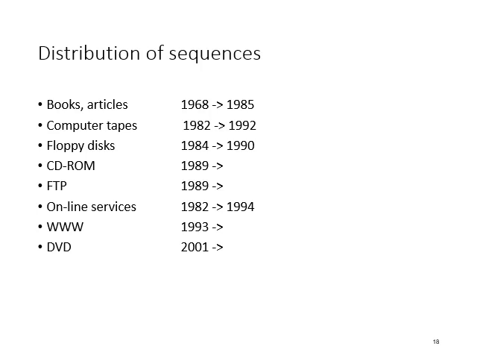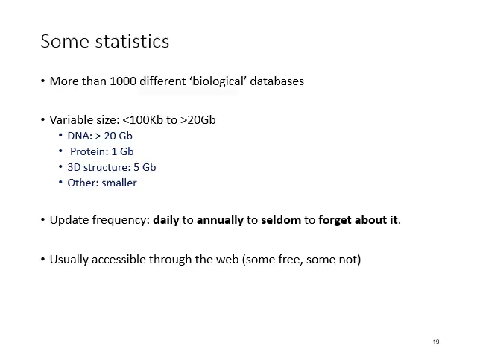From 1985 to 1990, floppy disks were used, and in 1989 CD-ROM and FTP, that is file transfer protocol. From 1982 to 1994, there were online services. Since 1993, we are using the WWW, the World Wide Web, and since 2001, we are also using DVDs for distribution of the sequence data.